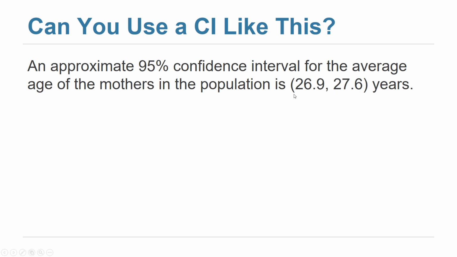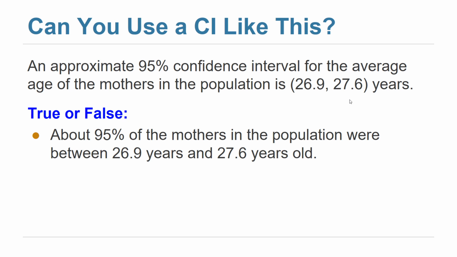This is the lower bound and this is the upper bound of the 95% confidence interval. Now think with me whether the following statement is true or false. About 95% of the mothers in the population were between 26.9 years and 27.6 years old.